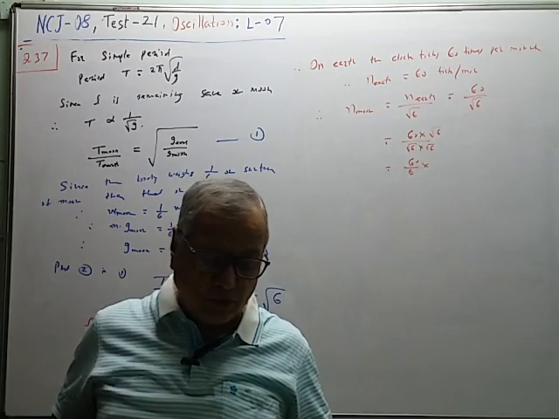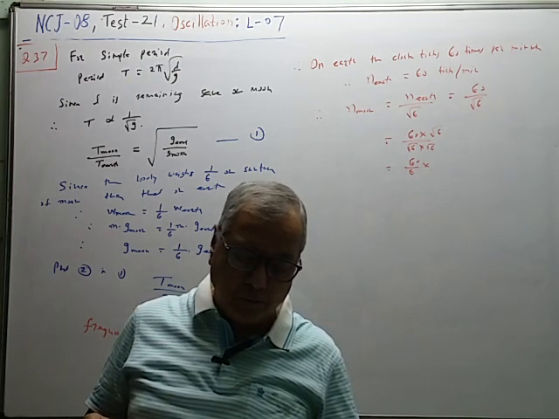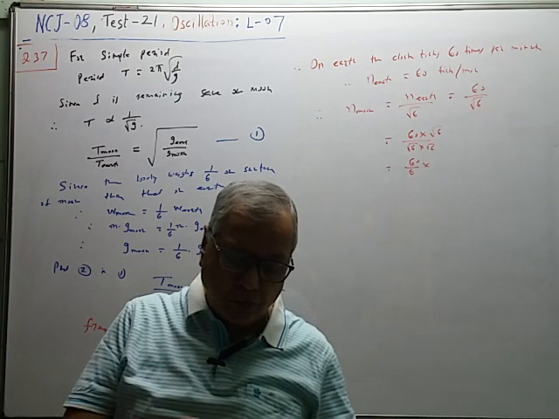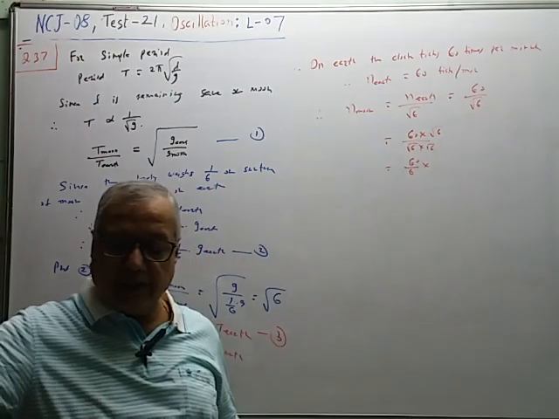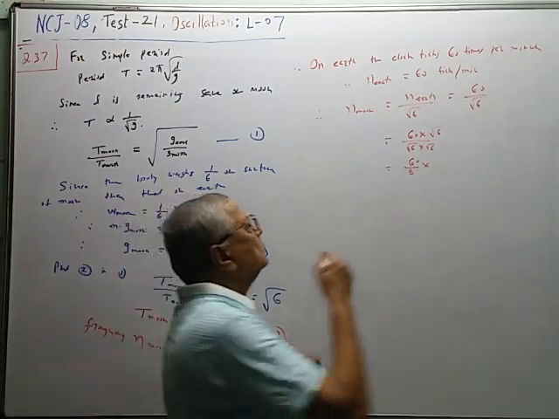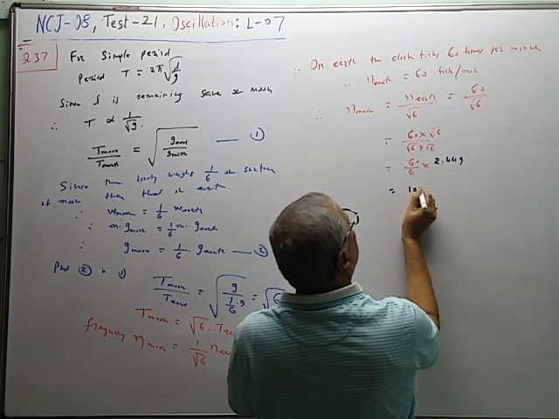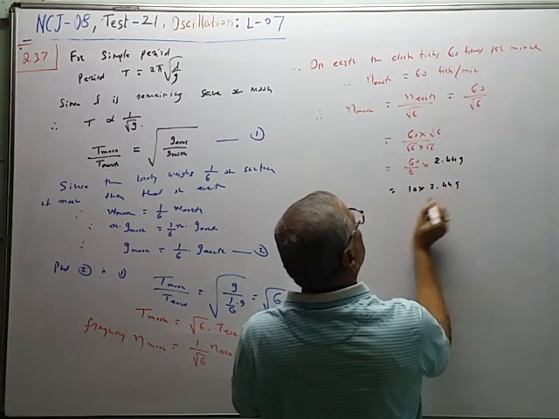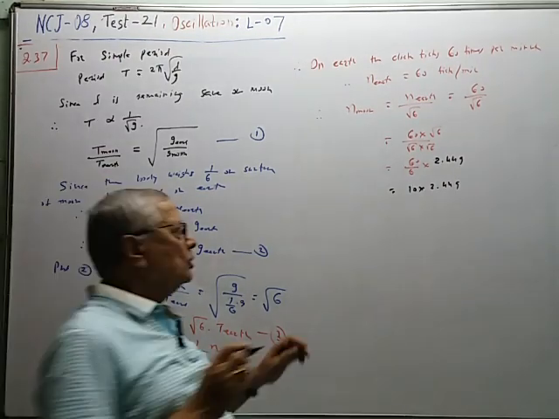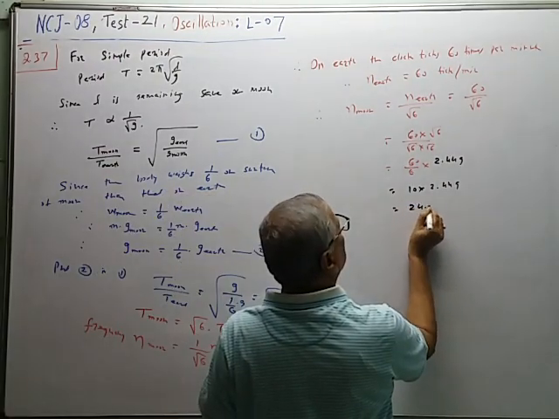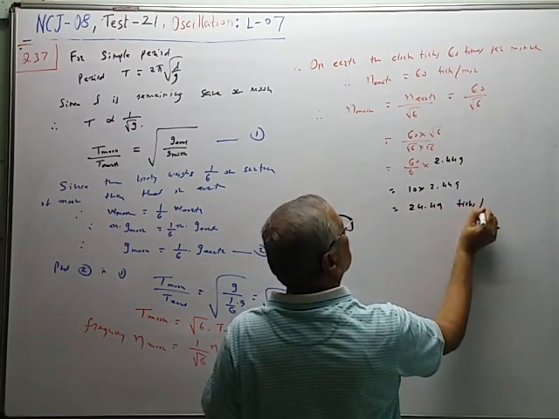So root of 6 is equal to 1.667. Sorry, root of 6 is equal to 2.449, nearly 2.5 घेतलेला असतो. 2.449, so that is equal to 10 multiplied by 2.449. So 24.49 ticks per minute.